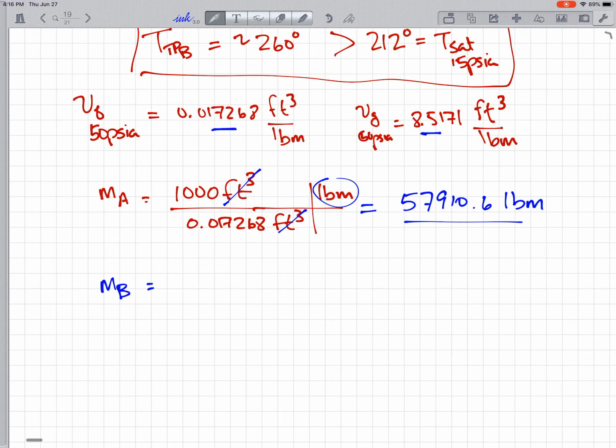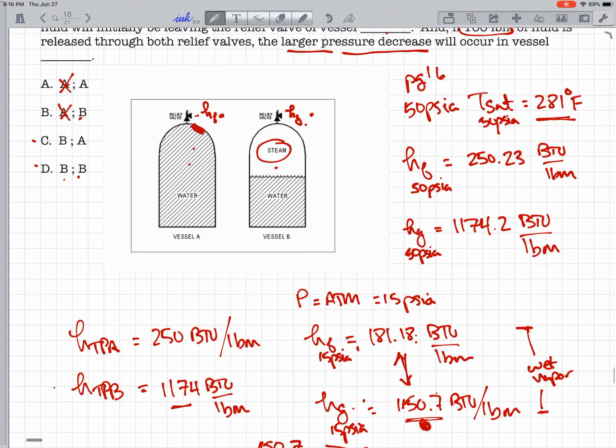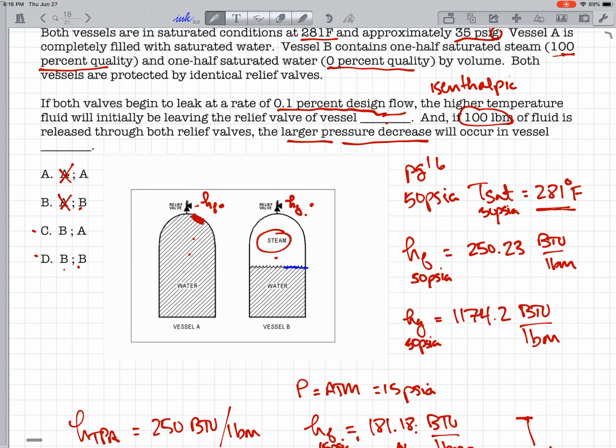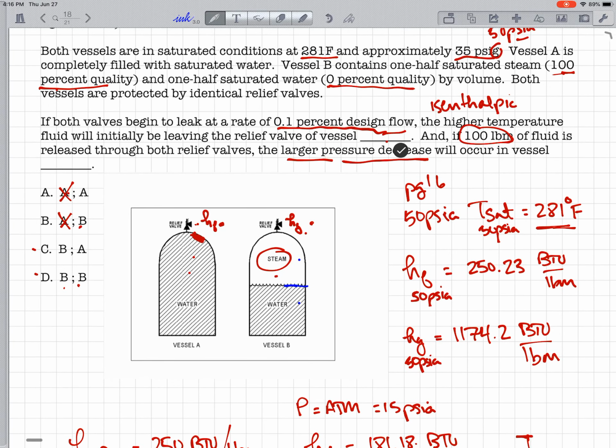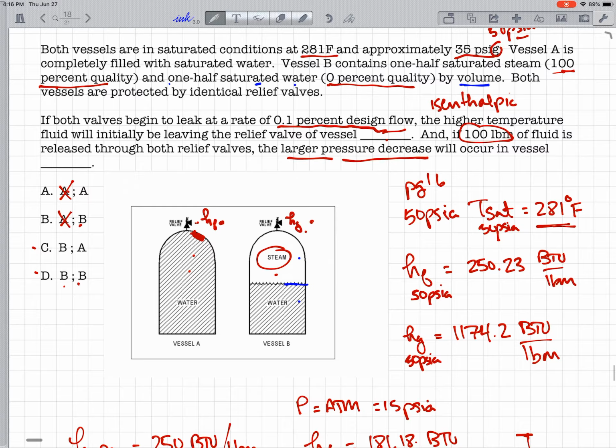But let's look at the mass of B. It's 500 cubic feet of steam and 500 cubic feet of water: half saturated steam at 100% quality and half saturated water by volume.